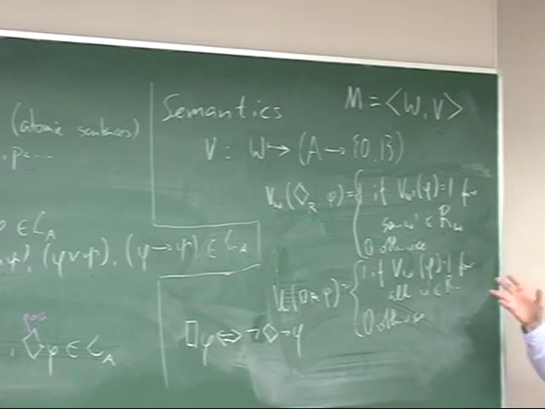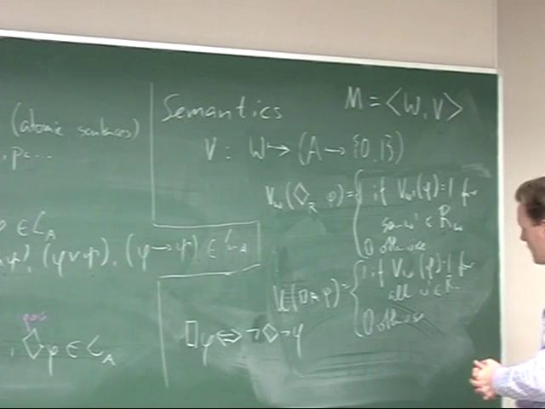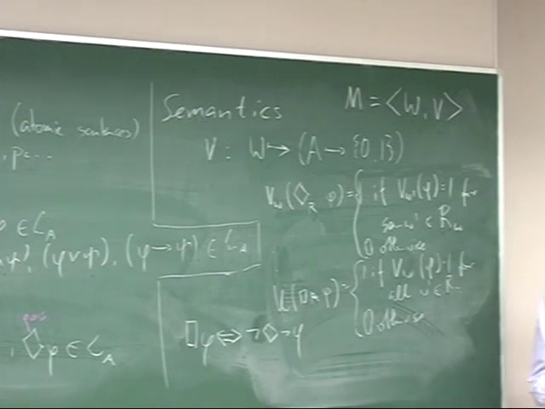Okay. Now there is a problem here. If RW is empty, if the modal base is empty. Oh no, that's actually not, sorry. What am I trying to say? No, oh, in both cases, sorry, in both cases this comes out true.